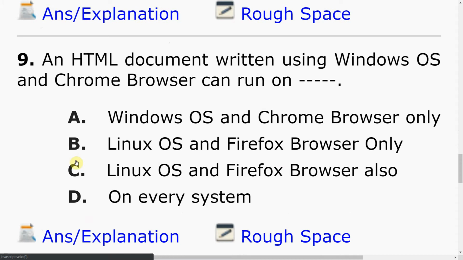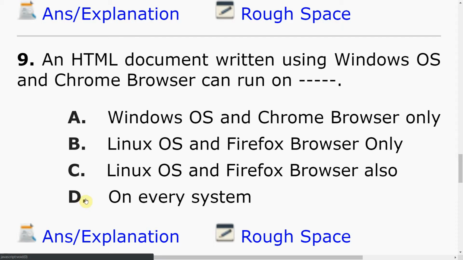Question number 9. An HTML document written using Windows operating system and Chrome browser can run on A Windows OS and Chrome browser only, B Linux operating system and Firefox browser only, C Linux operating system and Firefox browser also, and D on every system.